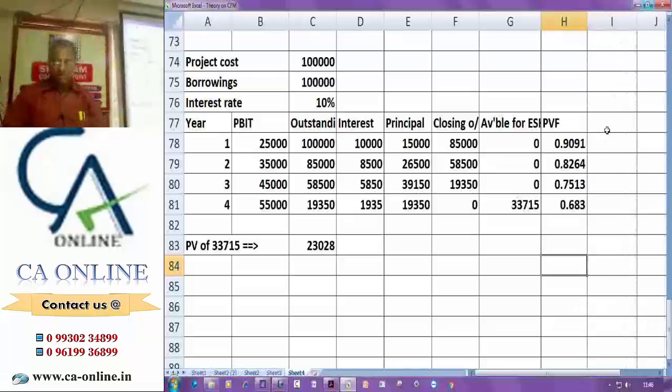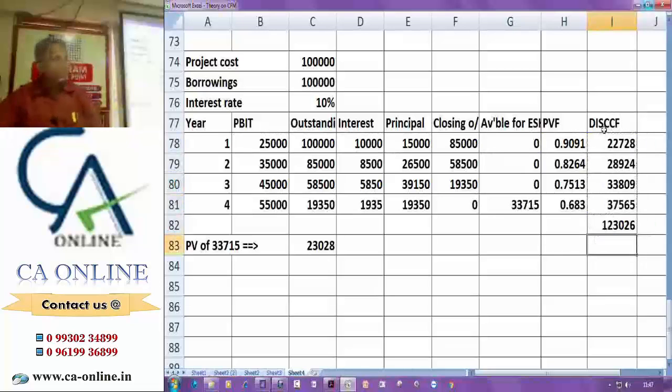Now, discounted cash flow. PV factor I am multiplying with PBIT. 1,23,026. Then discounted cash outflow. How much is that? 1 lakh. NPV.